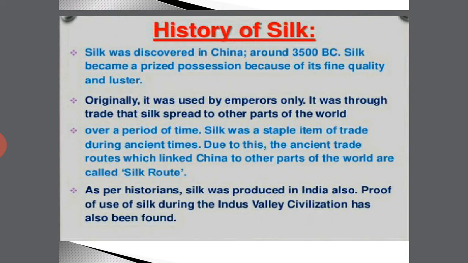Silk was a staple item of trade during ancient times. Due to this, the ancient trade routes which linked China to other parts of the world are called the Silk Route. As per historians, silk was produced in India also. Proof of using silk during the Indus Valley civilization has also been found. Not only China, but India also contributed earlier.